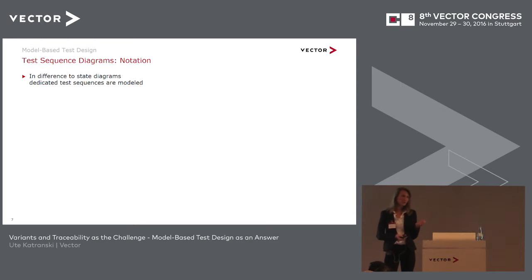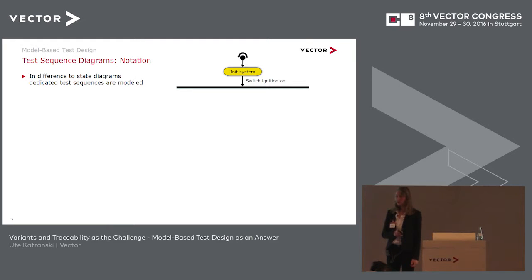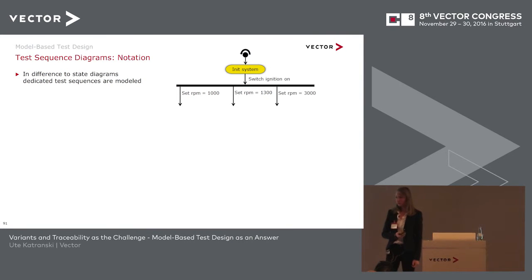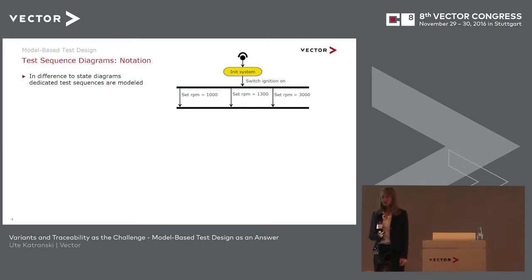What I do here, as opposed to the state diagram, is actually model my test sequence. So I say at the beginning, I want to initialize my system, so I switch on the ignition, and then I want to say, well, let's give me different test cases, engine speed 1,000, 1,300, 3,000.